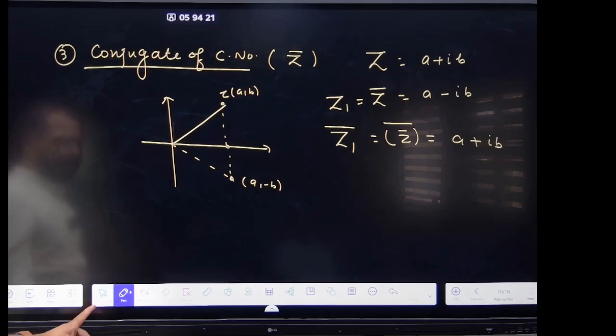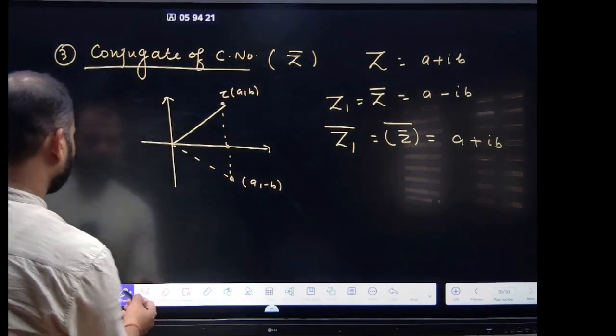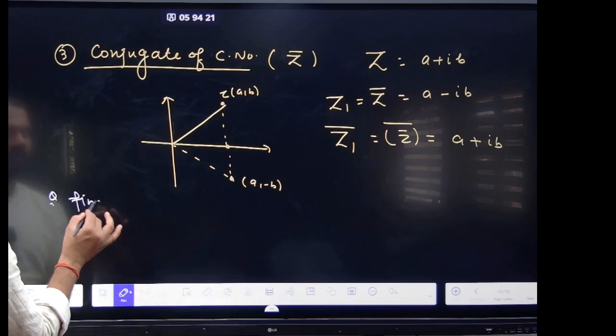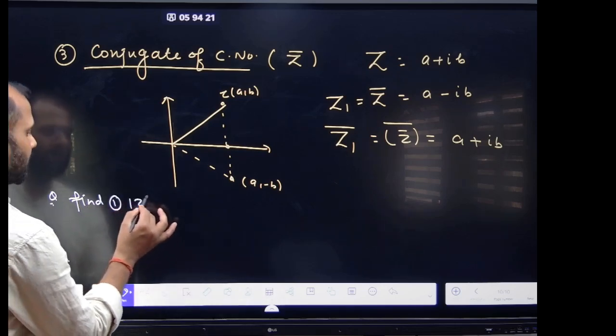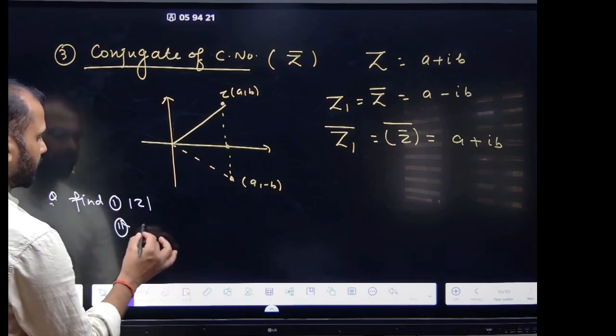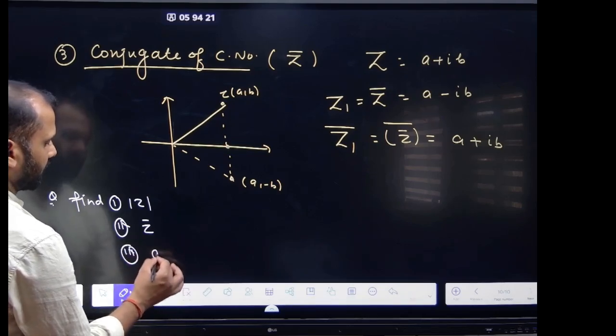Now, I will write one question, in that I will try to solve all these things. Write down: find first the modulus of the complex number, second the conjugate of the complex number, third the argument of the complex number.